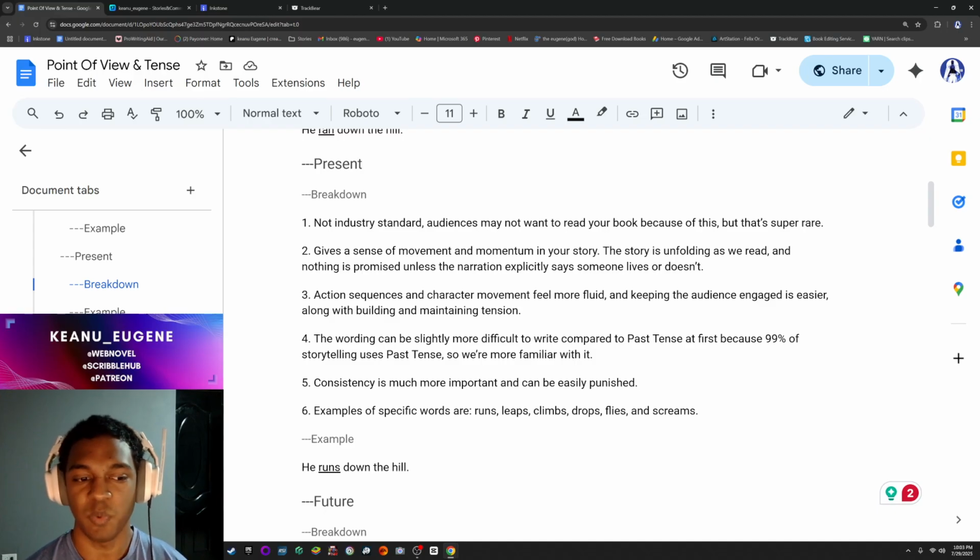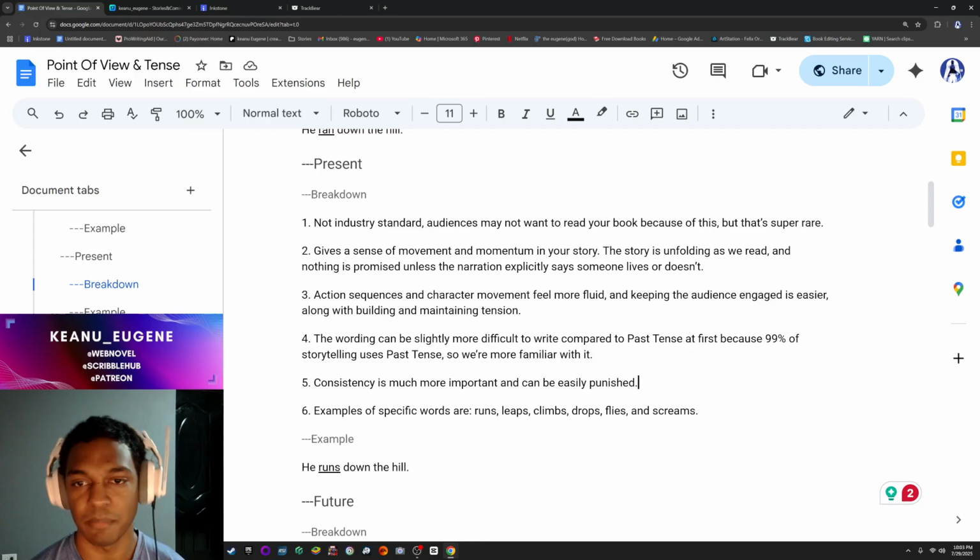So the audiences, since they're so programmed to past tense, if you add past tense into a present tense book for a line or two, they won't mind. But you generally should not add present tense into a past tense book, even for one line, because they will notice. The human brain is relaxed when it reads past tense, but it gets alert if it suddenly sees present tense.